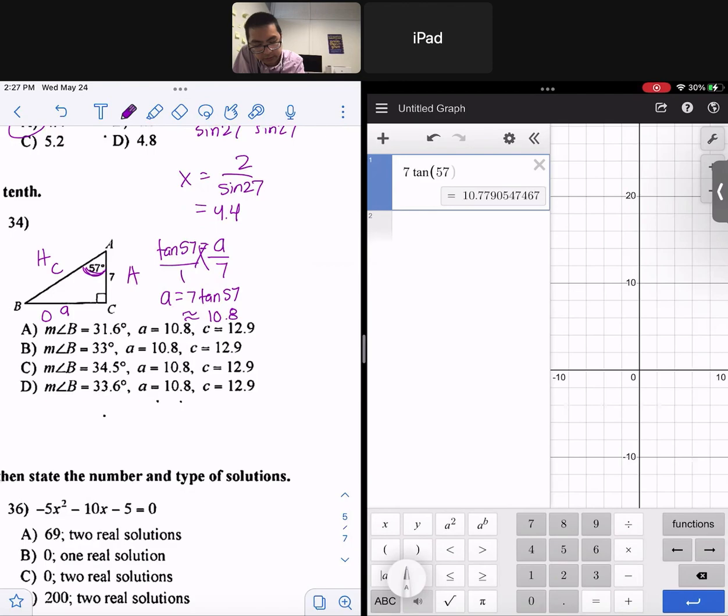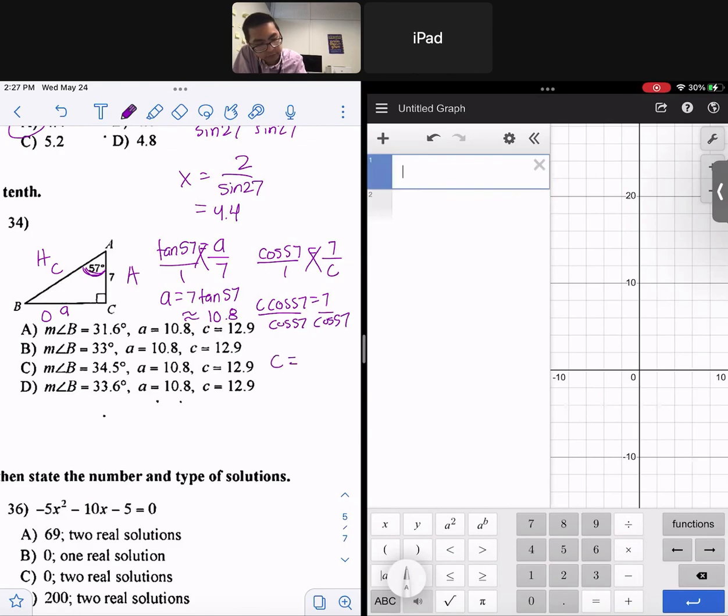If we solve for C, then I would use the given of 7. So A and H, which is cosine. Cosine 57 equals adjacent over hypotenuse. C cosine 57 equals 7. Divide both sides by cosine 57. So 7 divided by cosine 57, we're going to get 12.9.